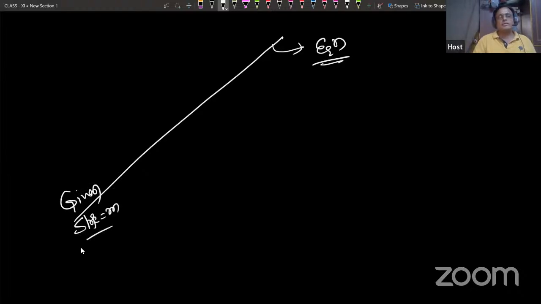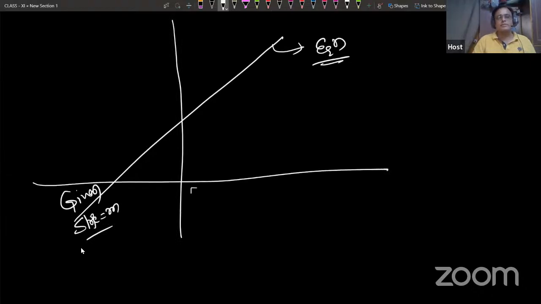And here, just remember, this is the y-axis and this is the x-axis. This is called the y-intercept. Say this y-intercept is c units.